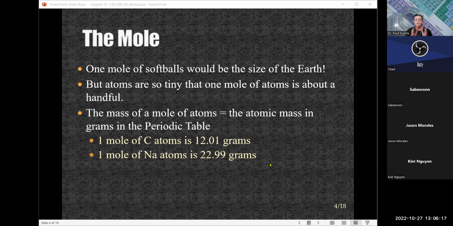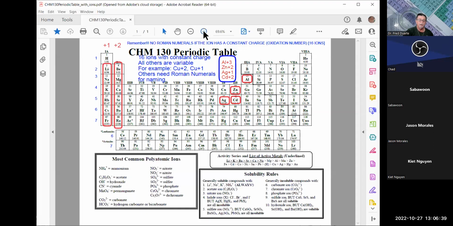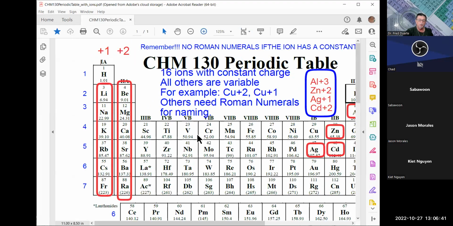All right, on the periodic table, give me 1 second, my periodic table is not up. The units of the periodic table are for their respective atomic weight.